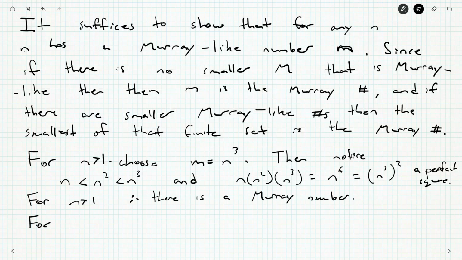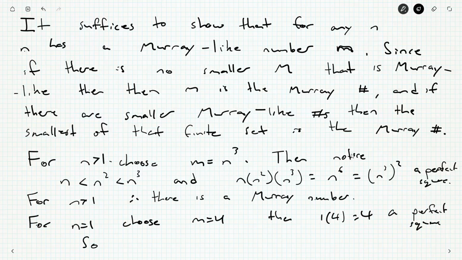Now, since we would just want positive integers, for n equals 1, just choose m equals 4. Then 1 times 4 is 4, a perfect square. So 1 has a Murray number.